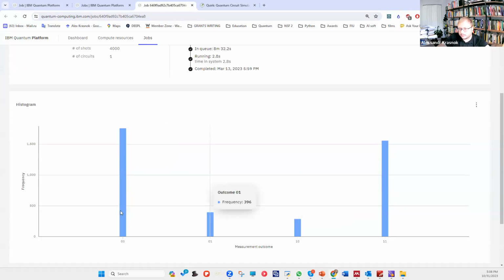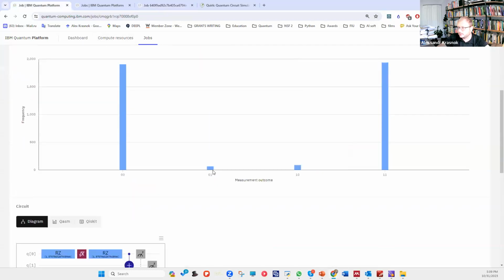And here I would say that the result is even worse. So we still get 00 and 11 measured, but we still have this contribution from the states 01 and 10, which is larger than in the previous case.